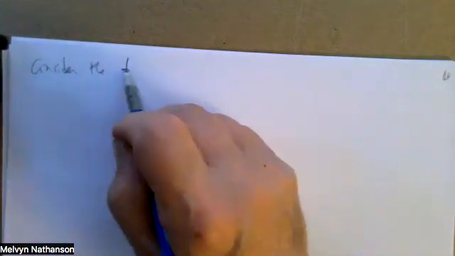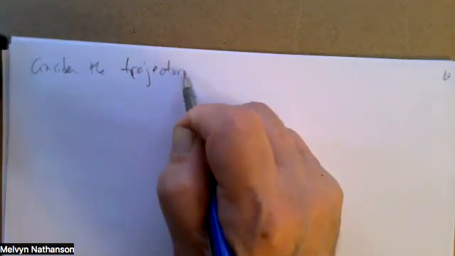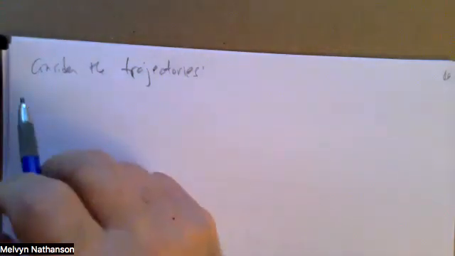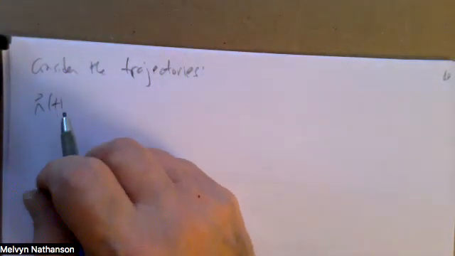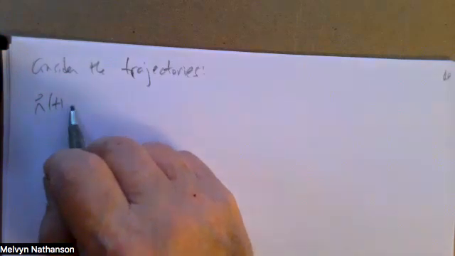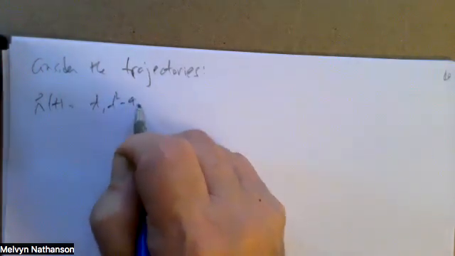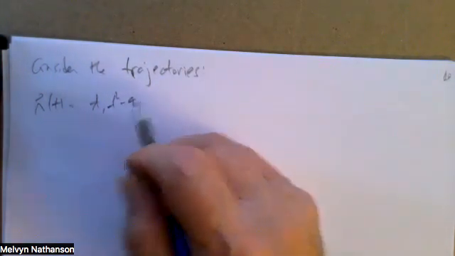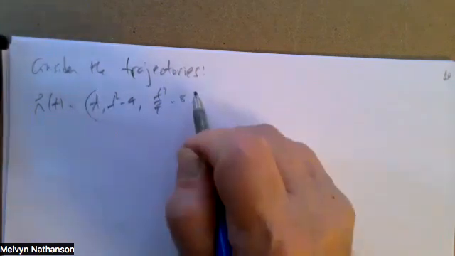So consider the following trajectories. You have the particle whose position at time t is given by t squared, minus 4, and t cubed over 4 minus 8.